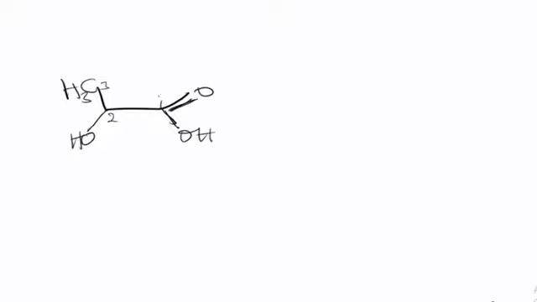So this is carbon 1, this is carbon 2, and this is carbon 3, where I have this to be my carboxylic acid, and then this is my carbon 2 attached to the alcohol group. So I'll simply name this as hydroxy, and it will no longer take the form of an OL. So I'll simply name it hydroxy, but it is at the position of carbon 2, so I'll simply call it 2-hydroxy.